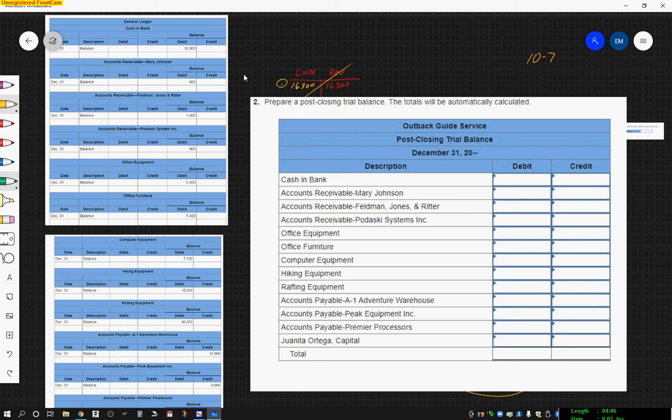So you can see 12,000. That's not very bright. We need to brighten it up. 12,000, 600. Where am I getting these numbers from? Right here. 1,000, 900. Office equipment, making sure we're still in the same line up here. 5,500. 7,400.